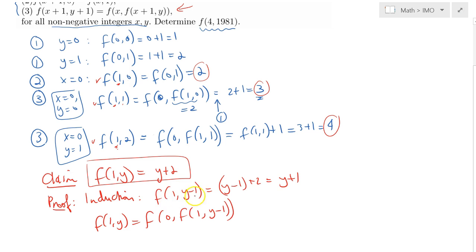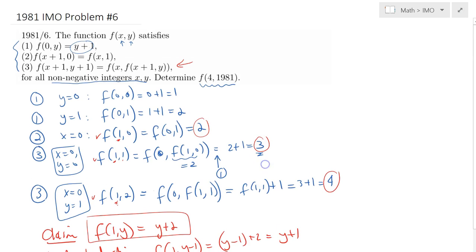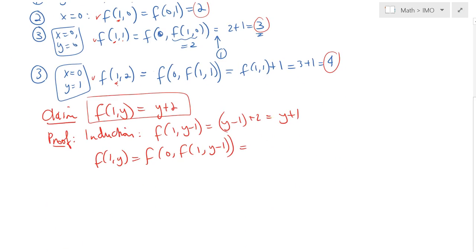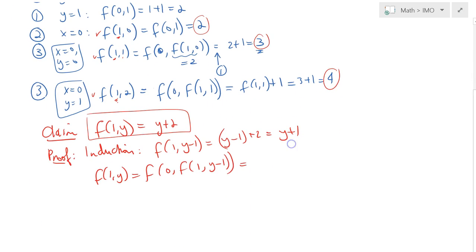Let's split it in 2 steps. Recall from property 1 that f of 0, anything is that thing plus 1. So this is f of 1, y minus 1 plus 1, and now f of 1, y minus 1 was just y plus 1, so that's simply equal to y plus 1 plus 1, which is y plus 2, as we wanted to show.